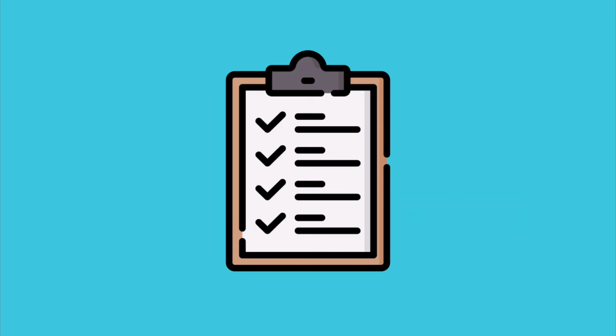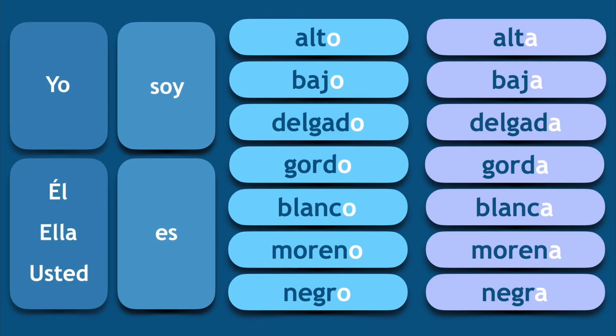To summarize, now we are going to see all the adjectives that we have seen in today's video. I am going to read them all so you can focus on the vocabulary whilst observing the structure of the sentences. Alto, alta, bajo, baja, delgado, delgada, gordo, gorda, blanco, blanca, moreno, morena, negro, negra.